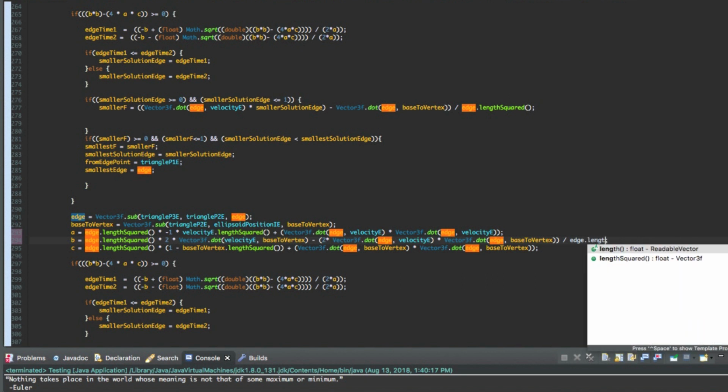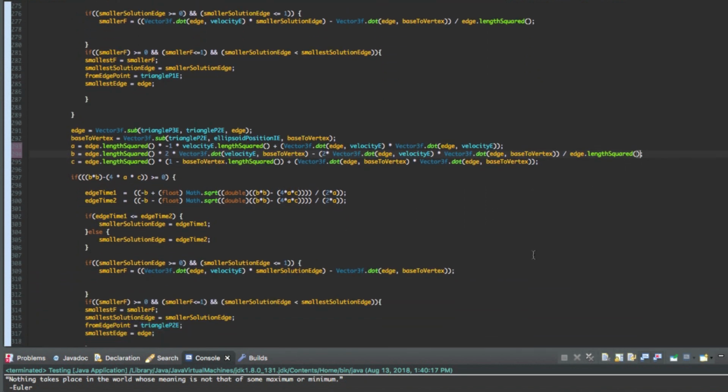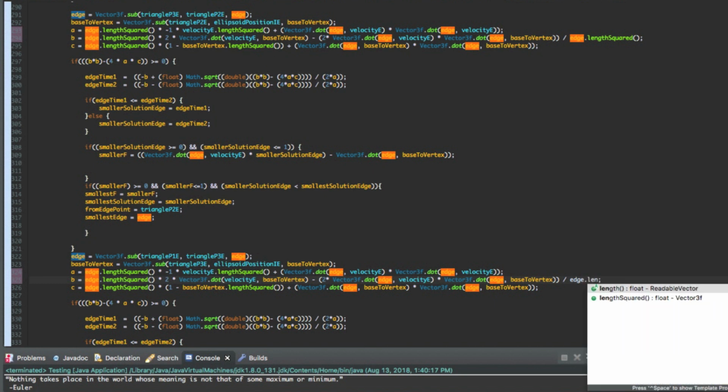And then we'll check the bottom one. So edge intersection point, we just turn that into edge. And the b term divide by edge.lengthSquared. And now finally, we have our collision detector complete.